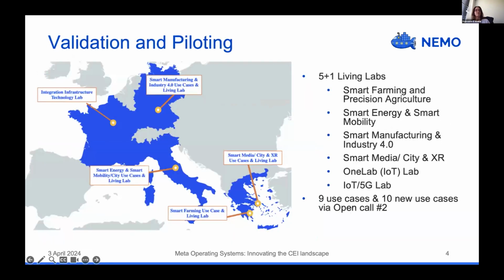In terms of validation and piloting, in NEMO we have quite a large number of use cases within the project. So far we have defined 9 use cases in the 4 living labs we have. One is related to smart farming and is located in Greece.